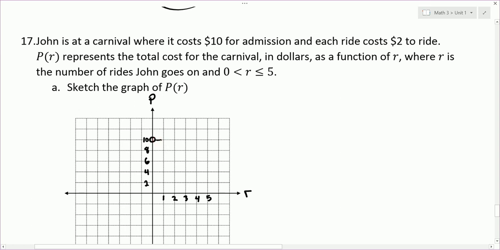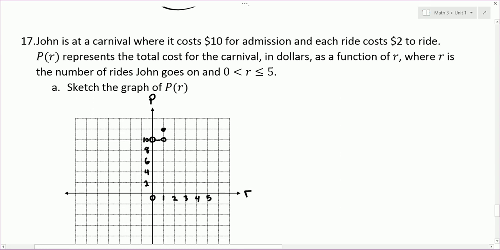Okay. But say he wants to go on one ride, he's got to pay an additional $2. So now he's paid $12. Closed circle. So that first part from 0 to 1 is just saying between 0 and 1, there's a flat rate of 10. It's not increasing.